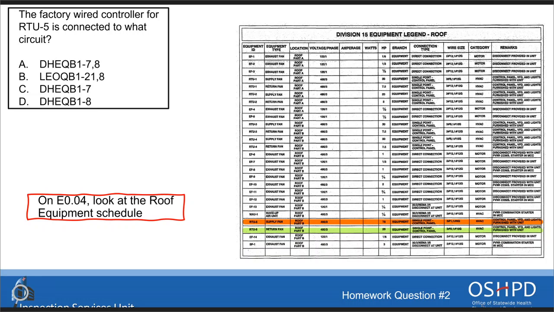In that schedule, it identifies that RTU5 has a supply fan, a return fan, and under the remarks, it says the control panel, VFD, and lights are furnished with the unit. That indicates there's going to be a 480 volt feed to the fan, and then there'll be a step down transformer that will also feed the lights and the controller.